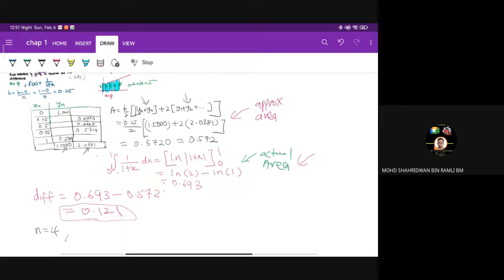So in order to increase the accuracy, we need to increase the number of trapezium.